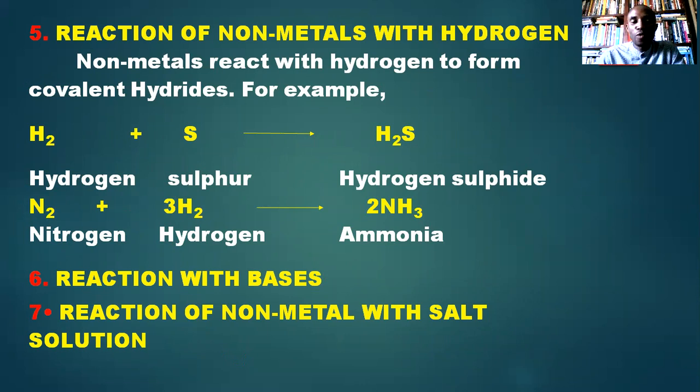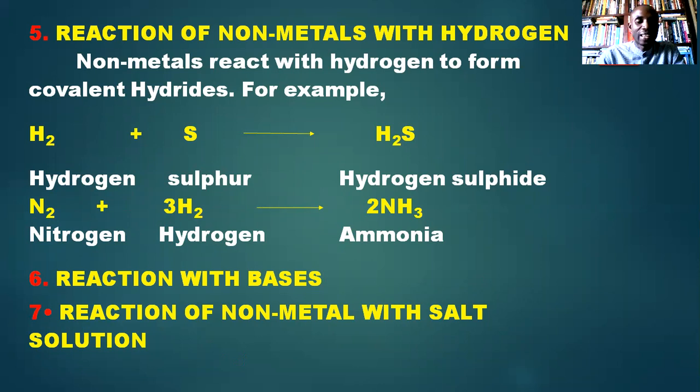That means sulfur gives hydrogen sulfide, a hydride of sulfur. Nitrogen will form nitrogen hydride, which is ammonia, a hydride of nitrogen. So non-metals react with hydrogen to form covalent hydrides of that particular element.